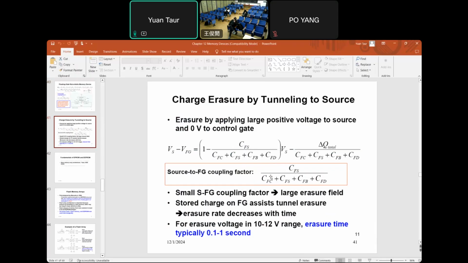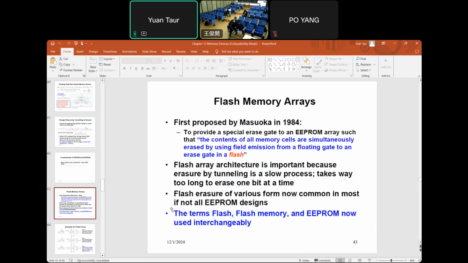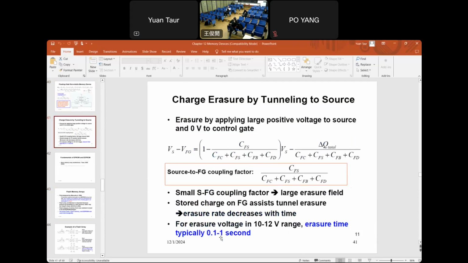We want this coupling factor to be small so that we can have a large erasure field for a given source voltage. Typically, we apply 10 to 12 volts as the erasure voltage to the source, and it takes a very long time, about 1 second. So the erasure time is very long through the Fowler-Nordheim tunneling.